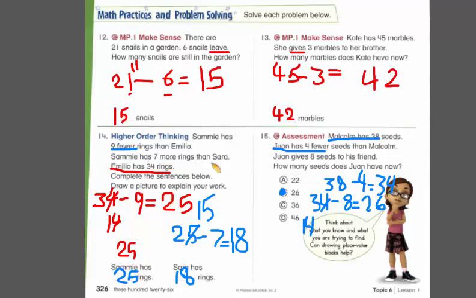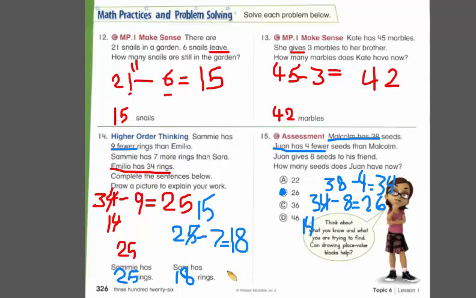Sammy has 7 more rings than Sarah. If you just start with Sarah, Sarah has 7 fewer. When I say the word fewer, I will do minus. So 25 minus 7. Another student might say, I will ask myself, Sammy has 7 more than Sarah.